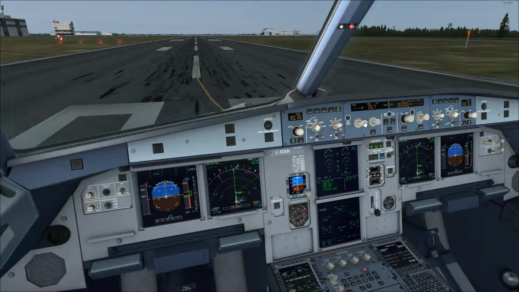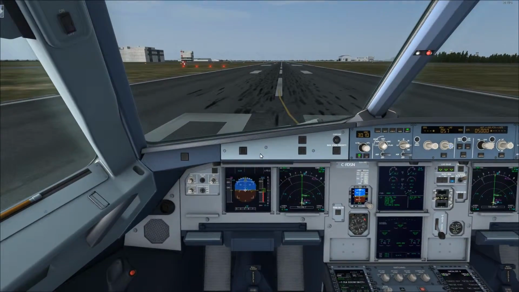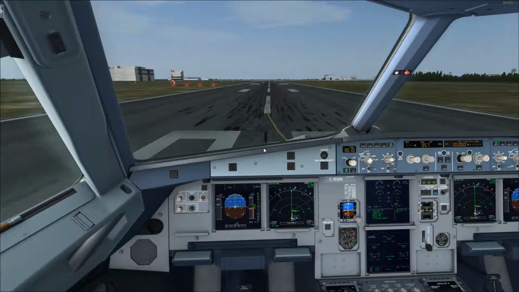And the speed, we're going to push and let the FMC control the speed for this RNAV SID departure where radar vectors are expected. Okay, let's get ready to go.